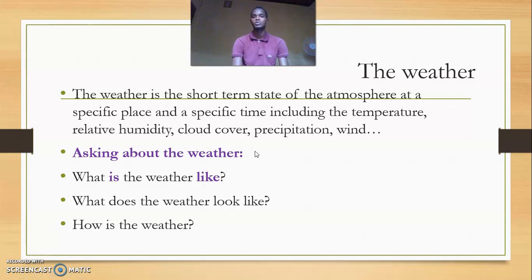Asking about the weather. These are 3 main questions we always use to ask about the weather. For instance, we can say, what is the weather like? Or, what does the weather look like? Or, how is the weather? The first one is composed of the verb to be plus like.